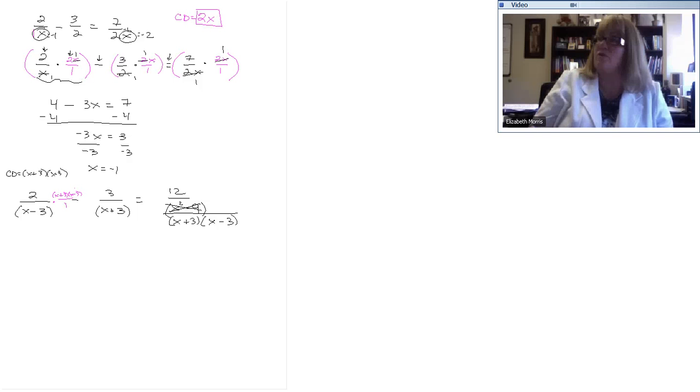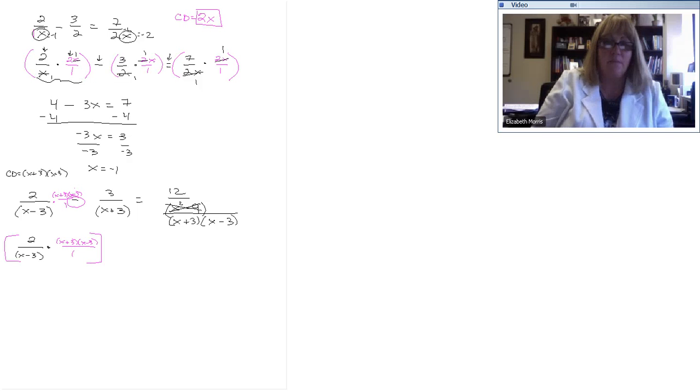So that is what we need to multiply each piece by, x plus 3, x minus 3. I was going to try to write it out like that, and I don't have enough room, so I'm going to rewrite it. 2 over x minus 3 times the common denominator, which is x plus 3, x minus 3. There's one piece.